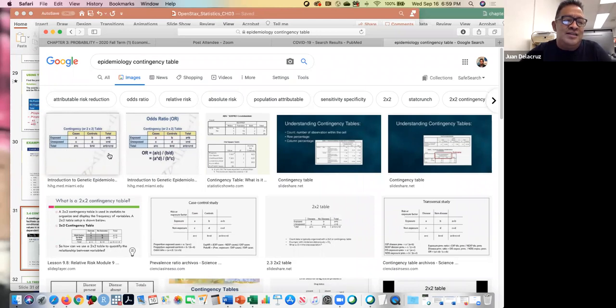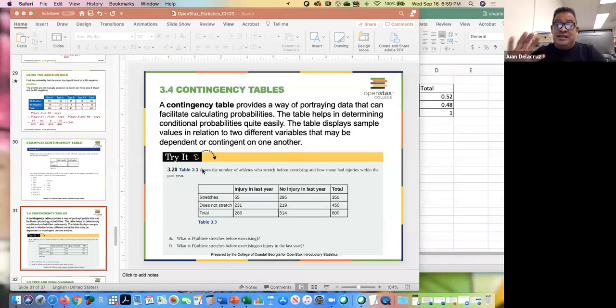These contingency tables at some point are going to give you something that is called the odds ratios. The odds ratios compare the odds that something is going to happen compared to something else. For example, the odds of getting COVID among older adults is 3 times higher than younger people, right? Or dying from that. That's the kind of thing that we can do with these contingency tables. They are very helpful.